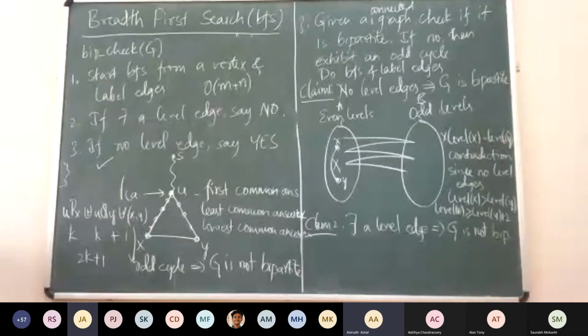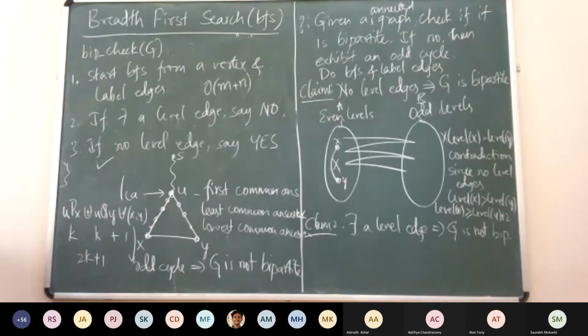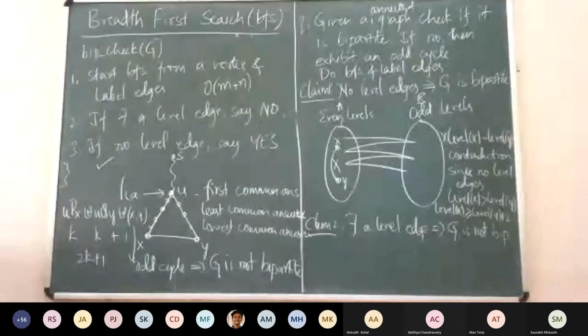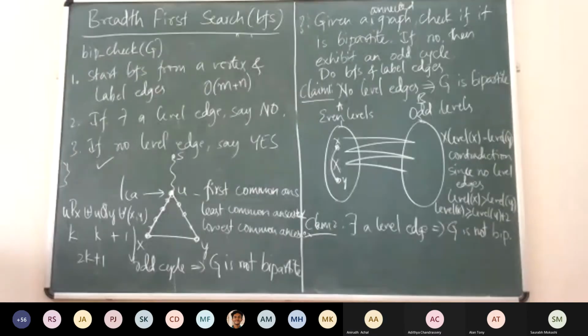You do a DFS. Say, for example, we do a DFS of this. Since it is connected, it will be a single DFS tree. You do a DFS and you get a DFS tree. Suppose it is undirected, there are all these tree edges and back edges. Non-tree edges are back edges in a DFS, right?